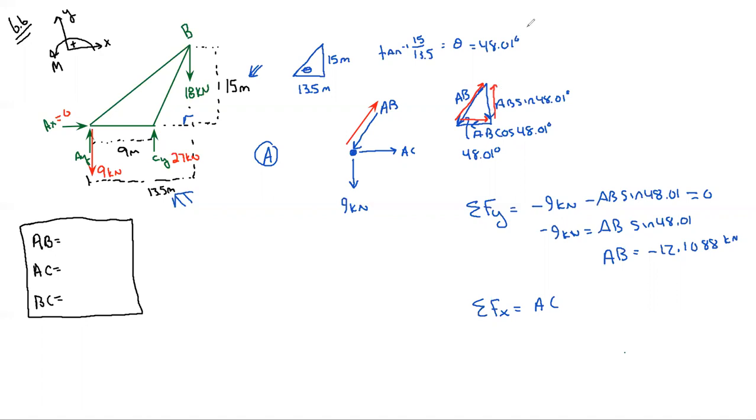So we'll use that new configuration down here. AC plus 12.1088 cosine 48.01 is equal to 0. That gives us that AC is equal to -8.1008 kilonewtons, which is an indication that I have AC in the wrong direction as well.